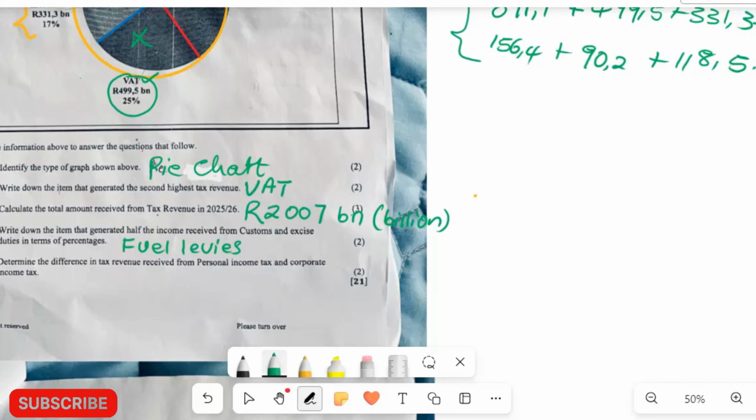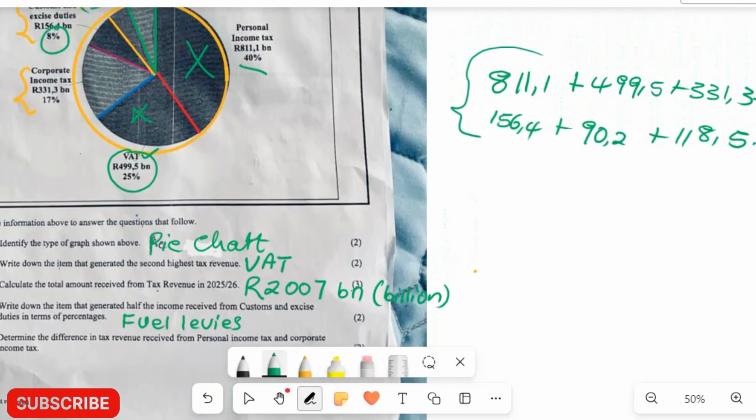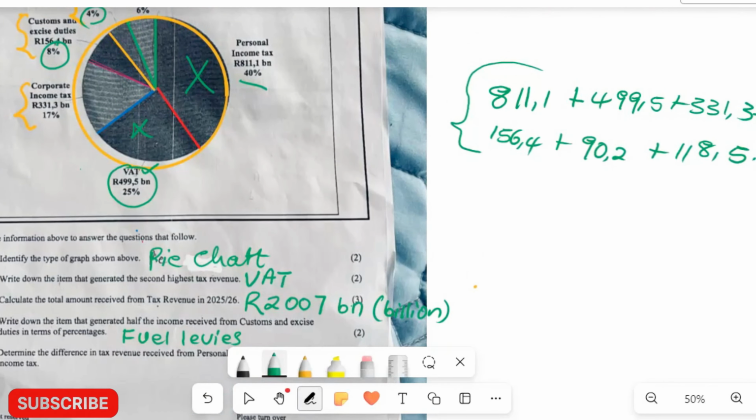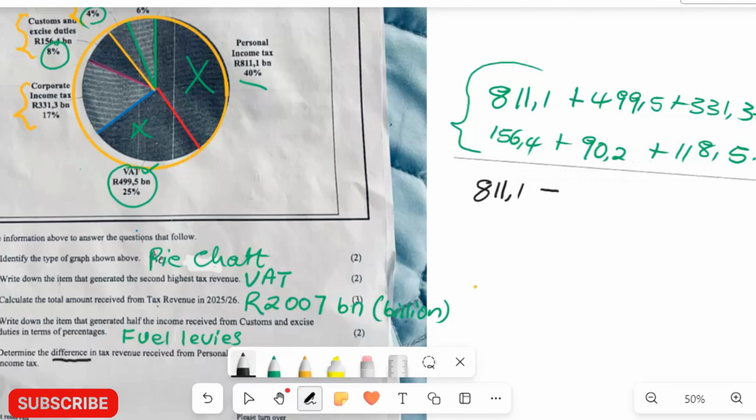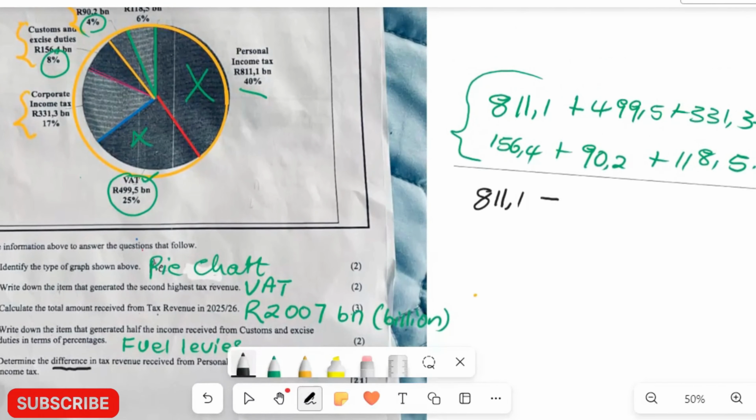And the last one says, determine the difference in tax revenues received from personal income tax and corporate income tax. The personal income tax is 811.1 billion rands minus, when they talk about the difference, you must know that you are going to minus. It's a subtraction. That's the difference. Where's the corporate tax?